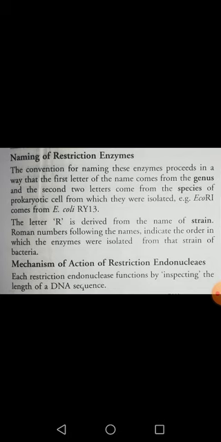While giving a name to that restriction enzyme, the first letter will be taken from the genus of the bacteria. Escherichia coli was the bacteria, its genus is Escherichia, so the first letter E will come from Escherichia.